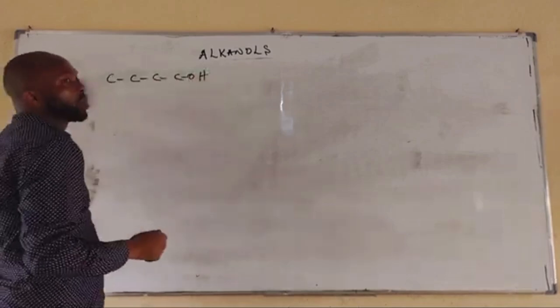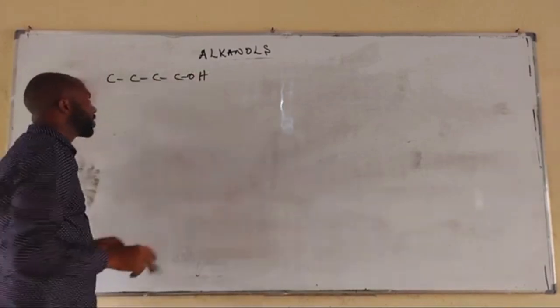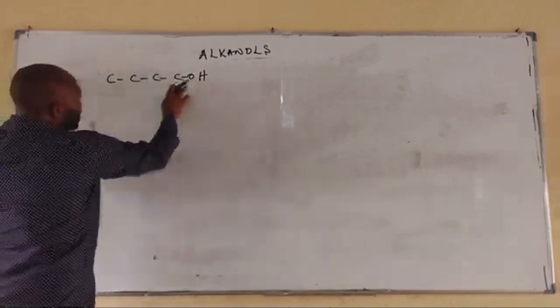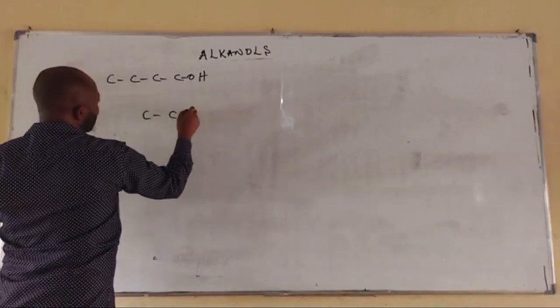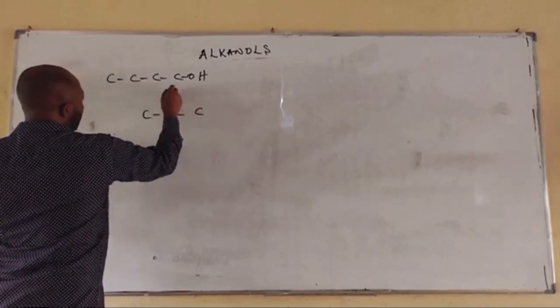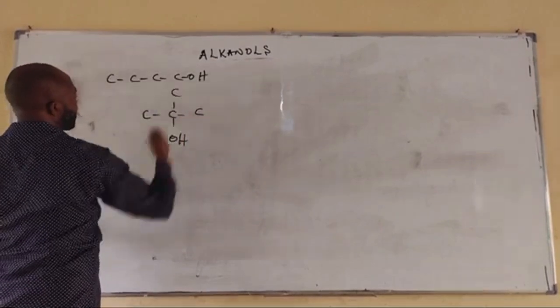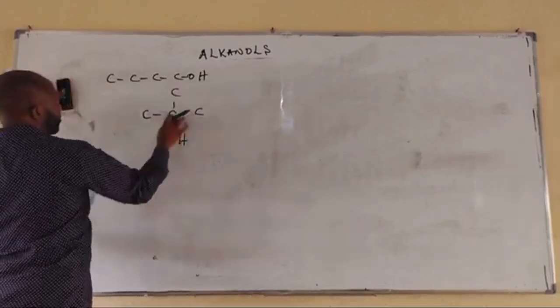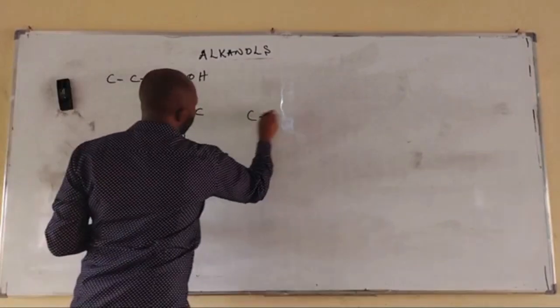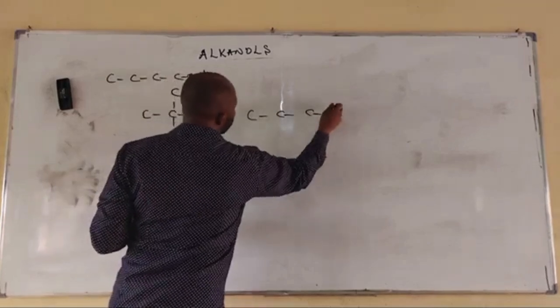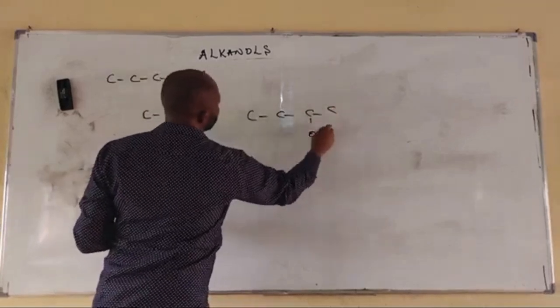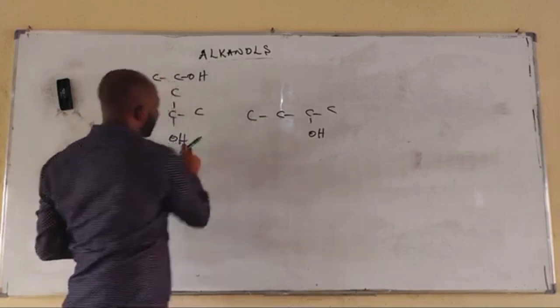We want to use that to illustrate our primary. So let's take this to our first one, butanol. This is our primary. 1, 2, 3, 4 carbon atom. This is our tertiary, and the last 1, 2, 3, 4. And this is our secondary. Primary, secondary, and tertiary.